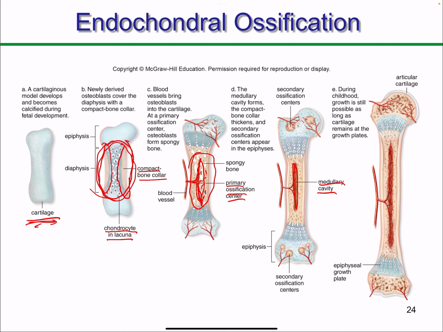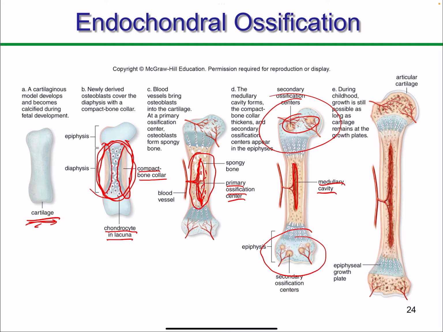As this is happening, and concomitantly, you have a secondary ossification center that develops. This secondary ossification center develops at the extremity of long bones. Okay? So now you're going to have a secondary ossification center where osteoblasts are going to replace hyaline cartilage with the bone, right?